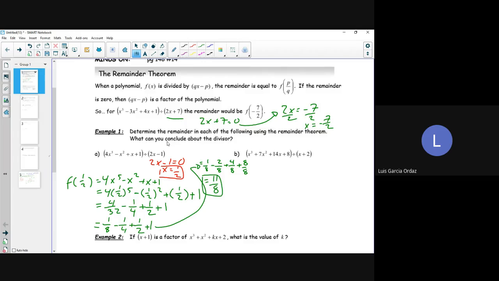So is 2x minus 1 a factor of the dividend? No, because 11/8 does not equal 0. Therefore, 2x minus 1 is not a factor.